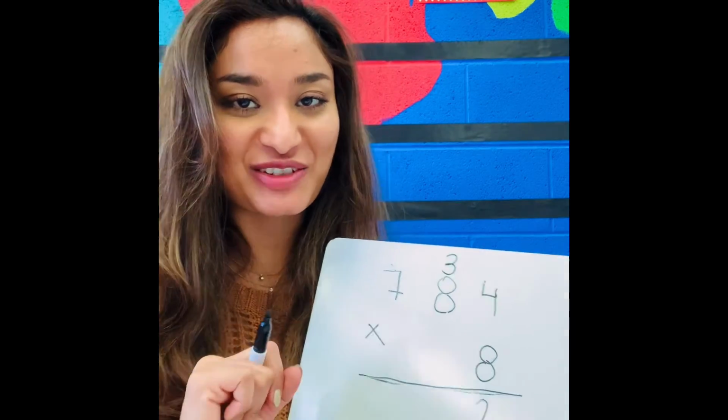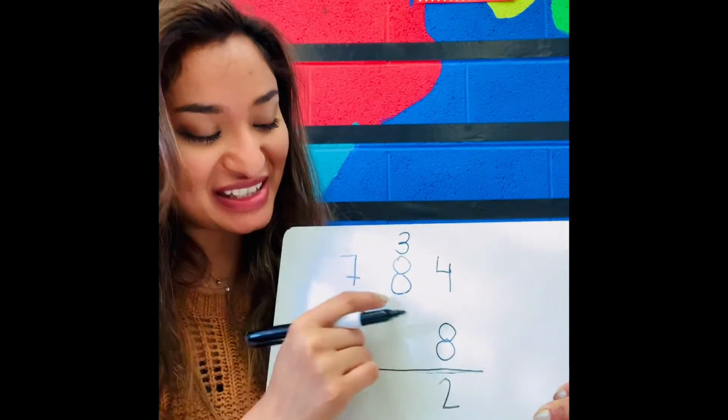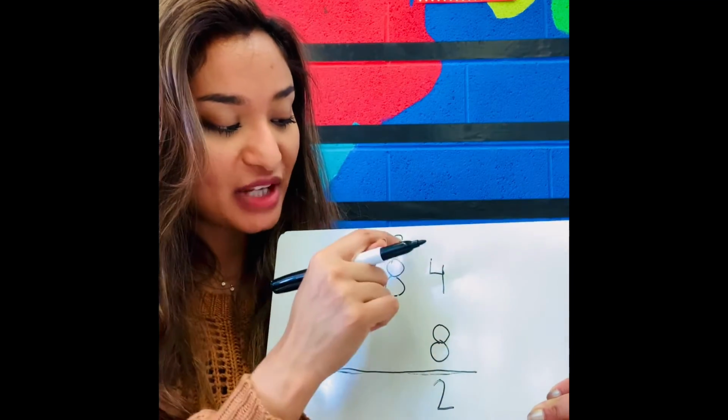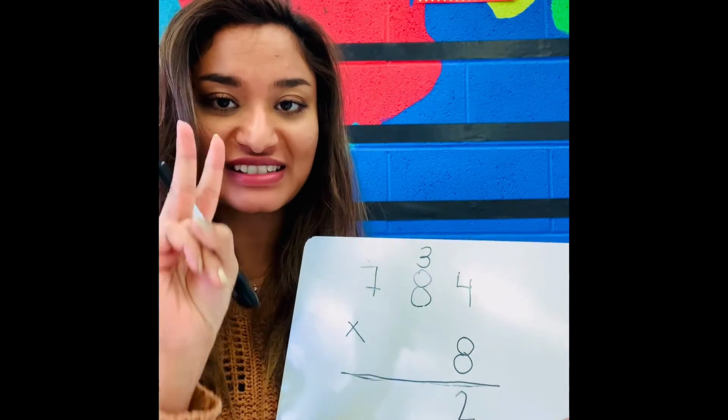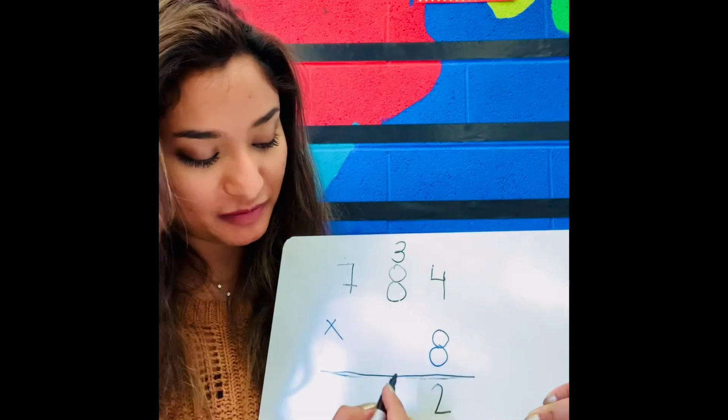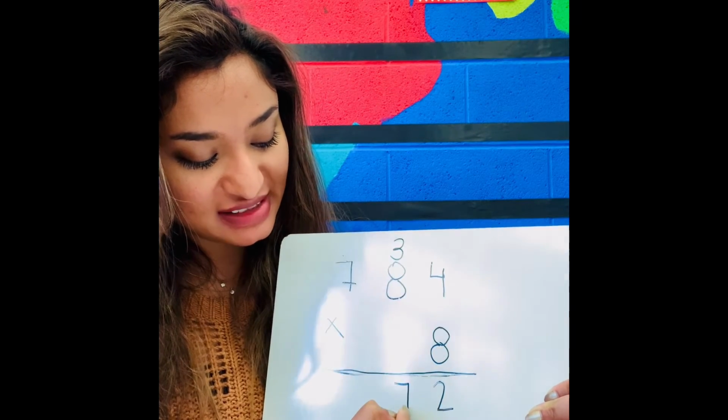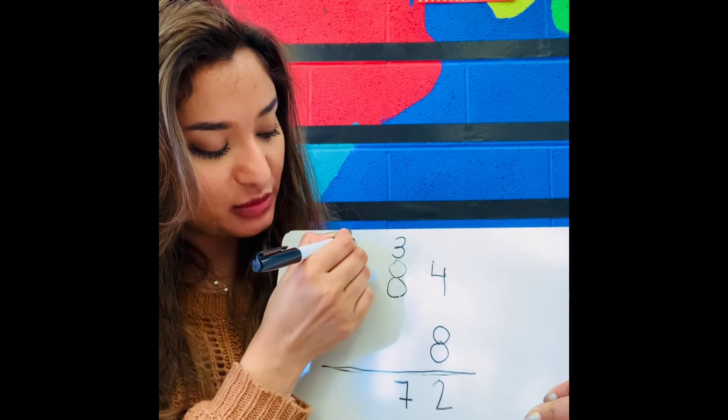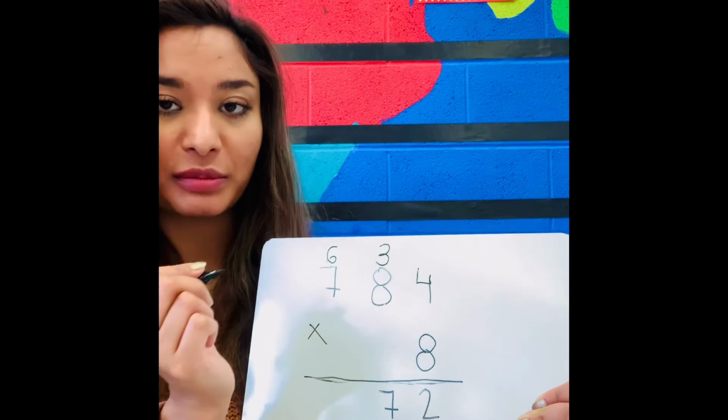So 8 times 8 gives me 64 plus 3. So 65, 66, 67. Okay, so I write my 7 down and I take my 6 at the top.